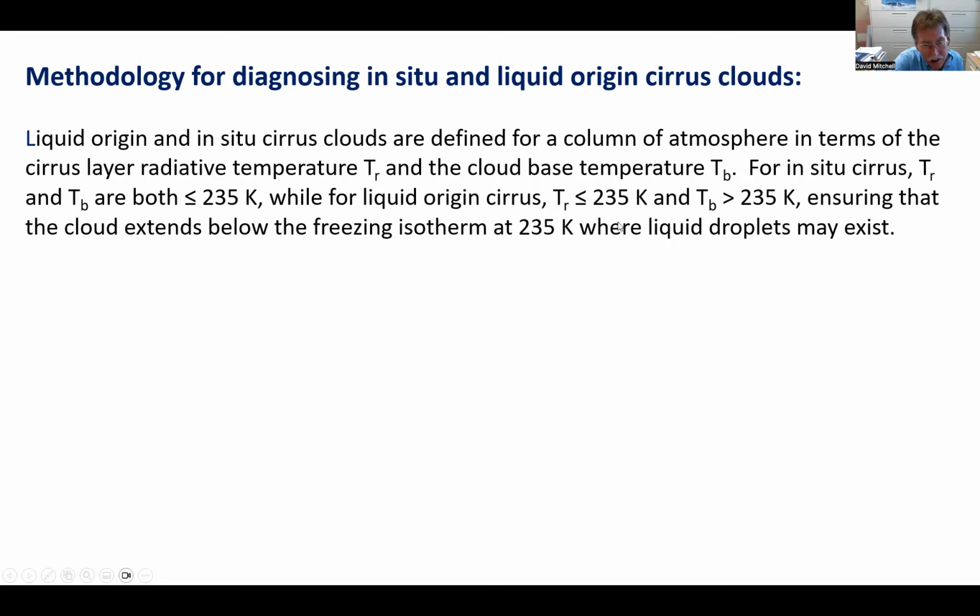For the liquid origin, TR was always less than or equal to 235, but cloud base temperature was always more than that. So that means that some of the condensate from below could be liquid, and then freezing as it crosses that isotherm.